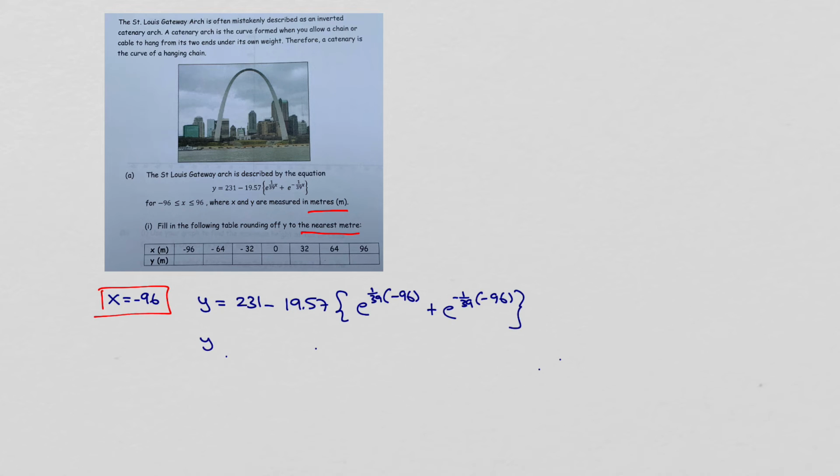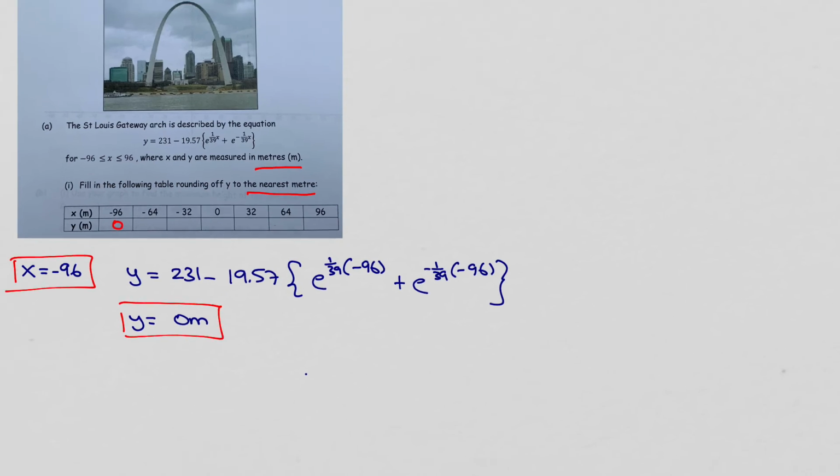And again, we have to put that into our calculator. So again, be very careful when you're subbing in e to the power of on your calculator. And to the nearest meter, we end up with 0. So we sub in here and we get 0 for x equals minus 96.